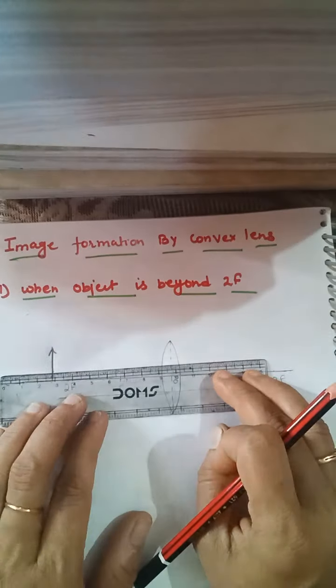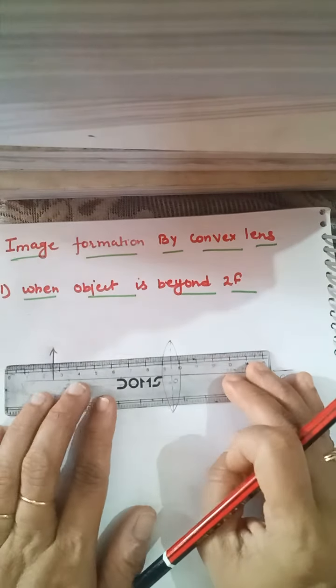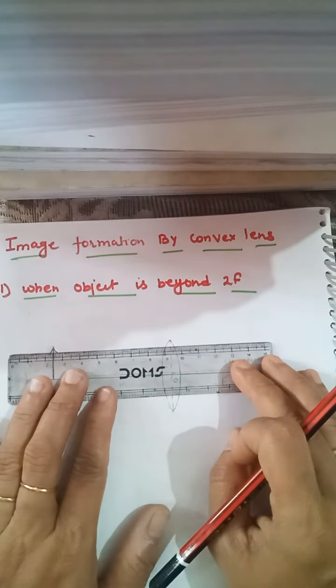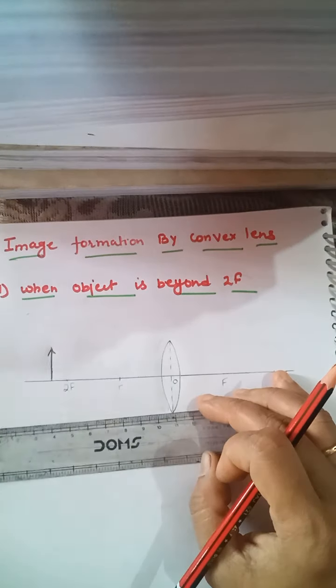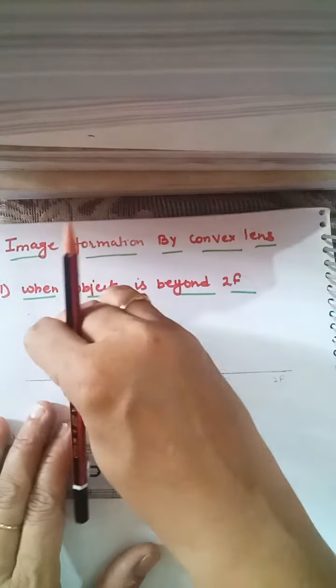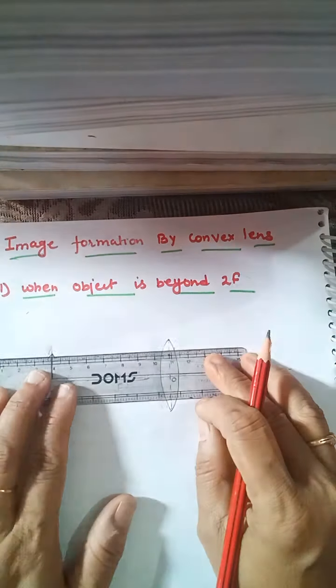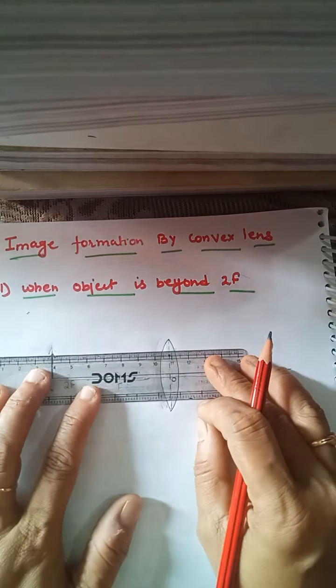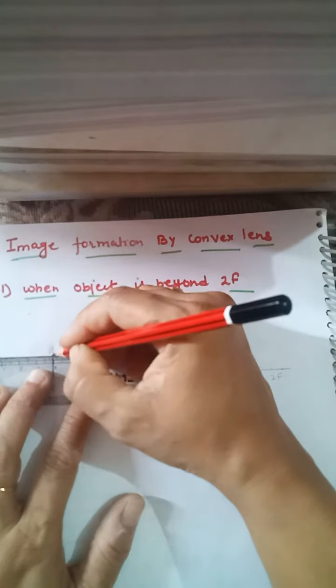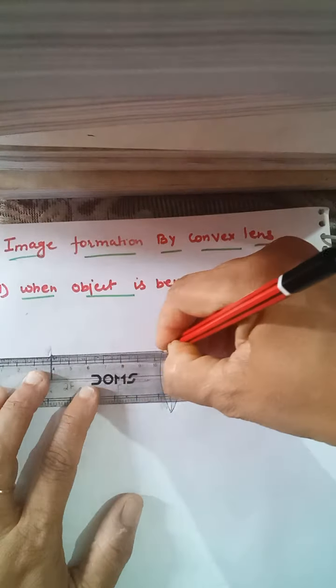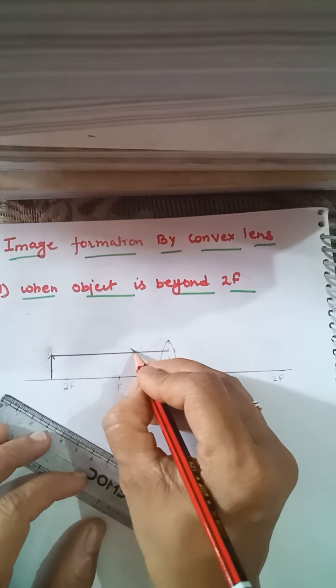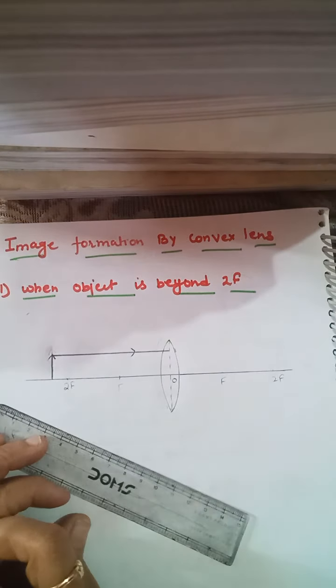So when you have to draw, you are going to draw the light rays. So first ray you will take like this. Okay, now take this object and draw this line which is parallel to principal axis. This is a ray of light which is parallel to principal axis.